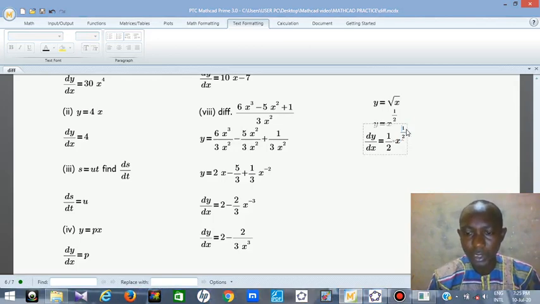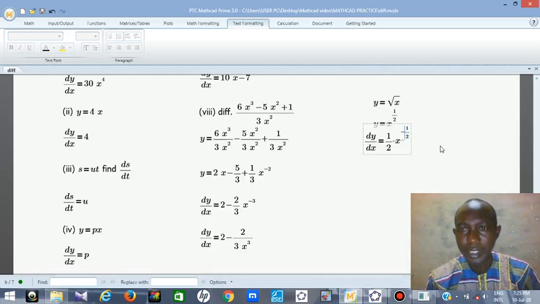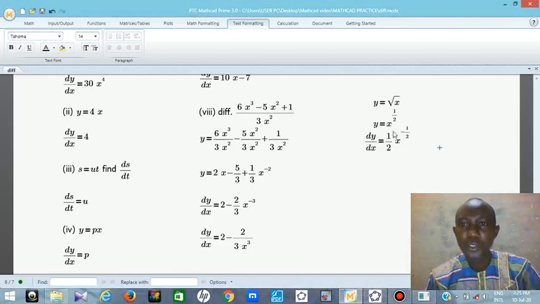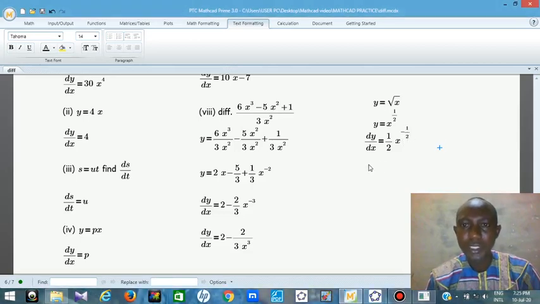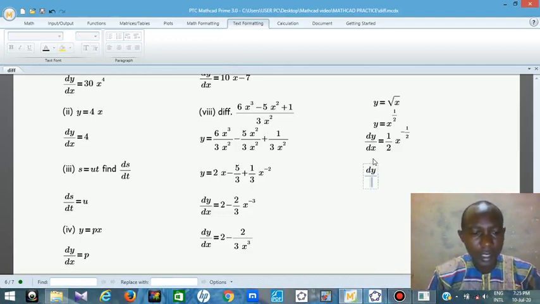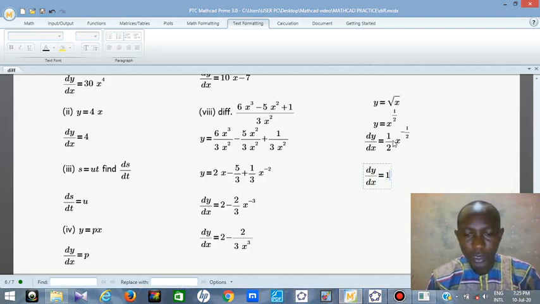Let me put it in the right way. So 1 over 2 is the power of x, so it will multiply the coefficient of x, which is 1 over 2 x. Then the power of x, you subtract 1 from it. So half minus 1 is minus half. Then if you want to put the answer in a root, this square root form, you are going to have dy/dx equals to 1 over 2 is already there.